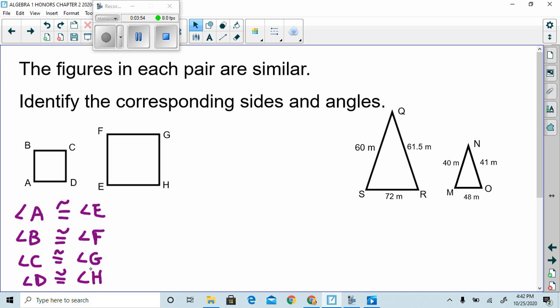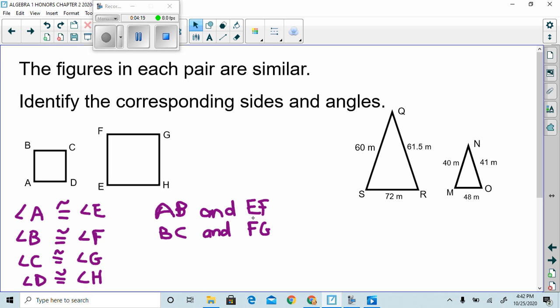Now let's talk about the corresponding sides. The corresponding sides, well, AB corresponds with EF. So these two are corresponding. Let's take a look at BC. BC and FG are corresponding.